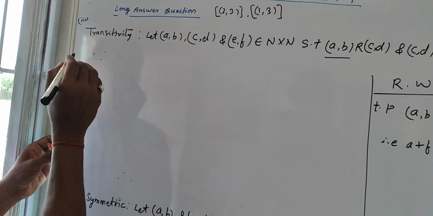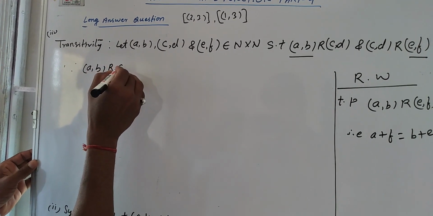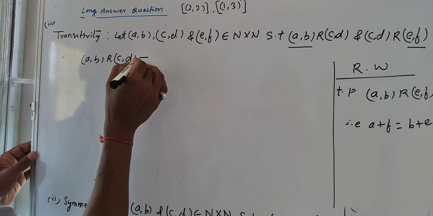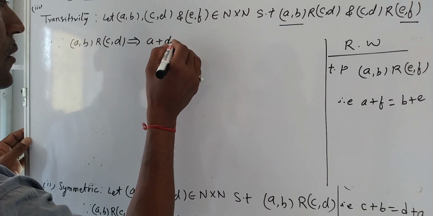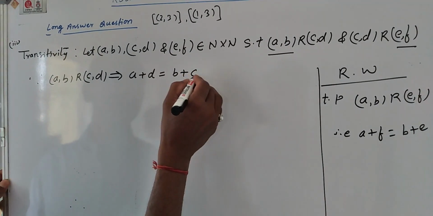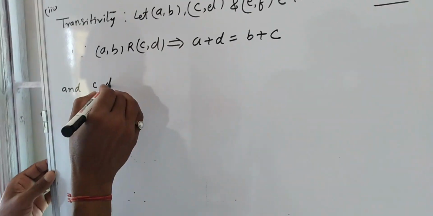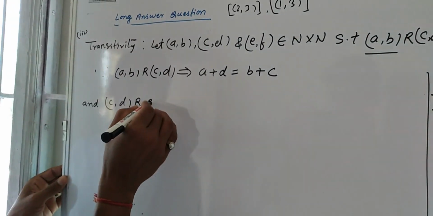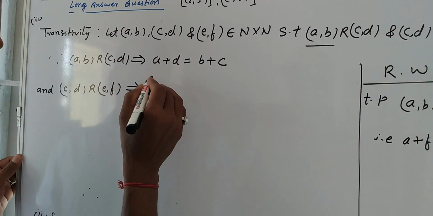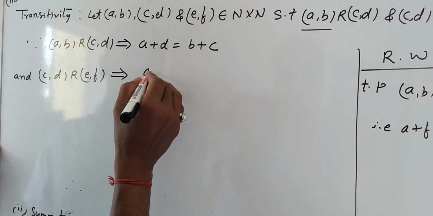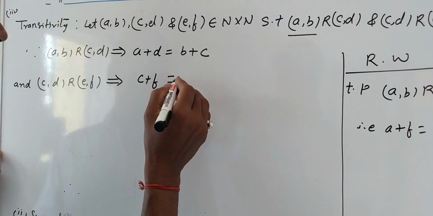Since (a, b) is related to (c, d), this implies a plus d equals b plus c, and (c, d) related to (e, f) implies c plus f equals d plus e.